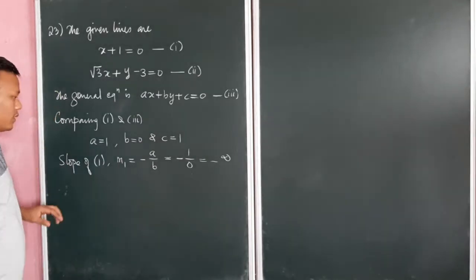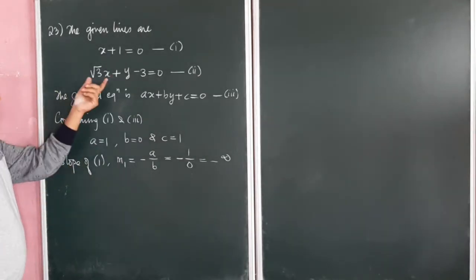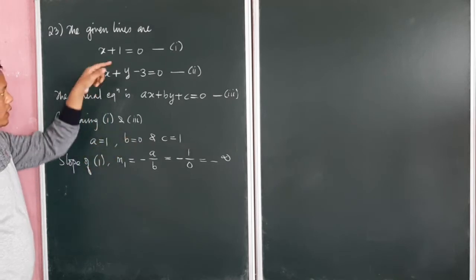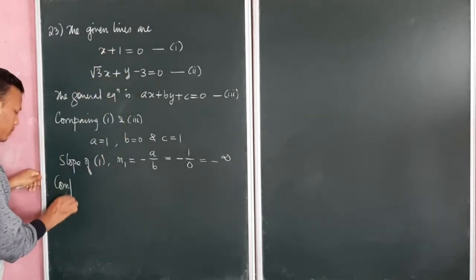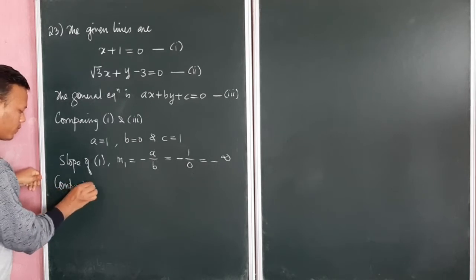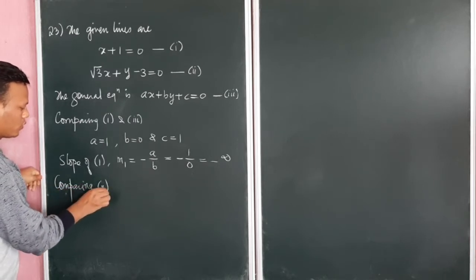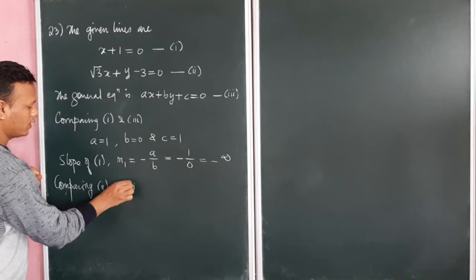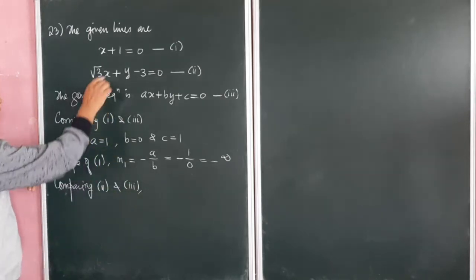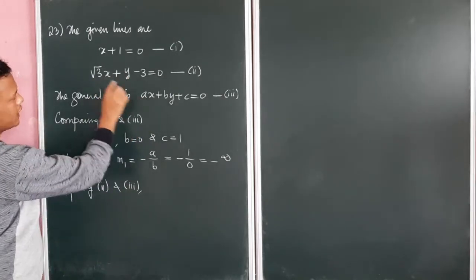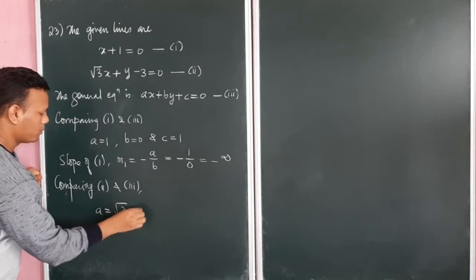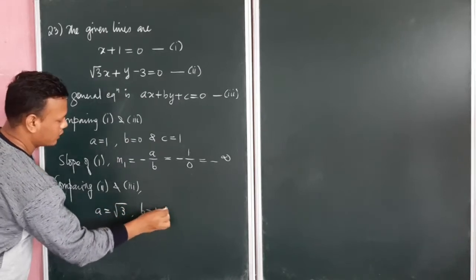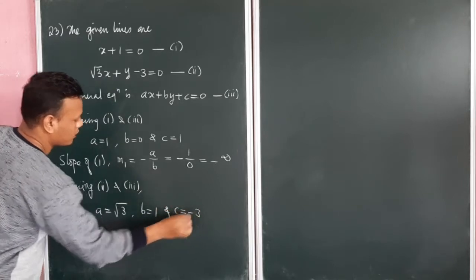Okay, fine. Next we'll compare 2 and 3. Clearly a will be equal to root 3, b will be equal to 1 and c will be equal to minus 3.